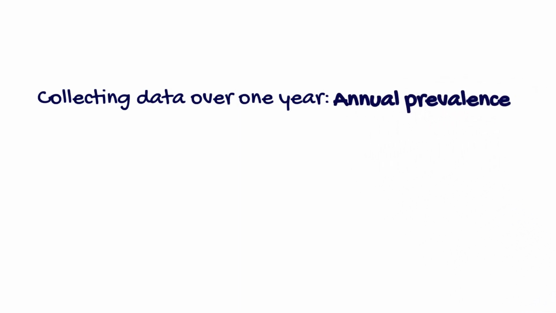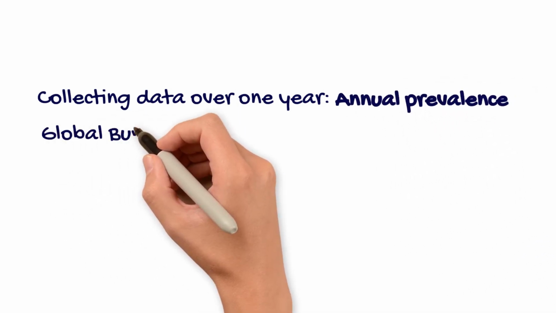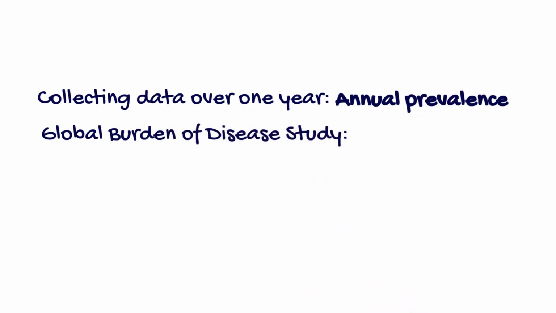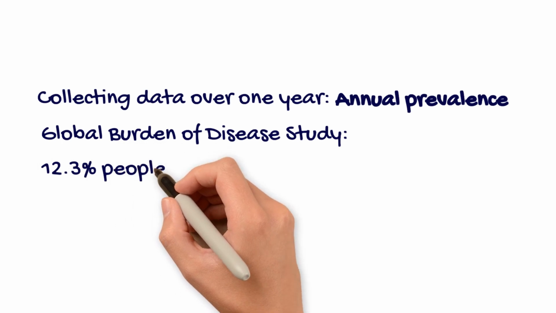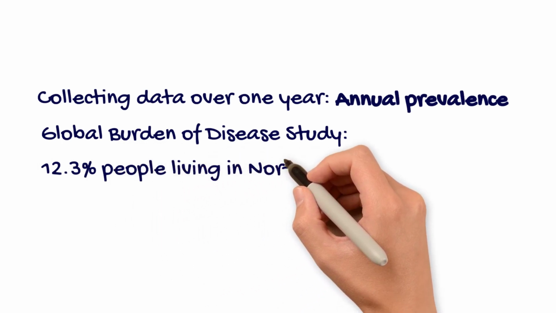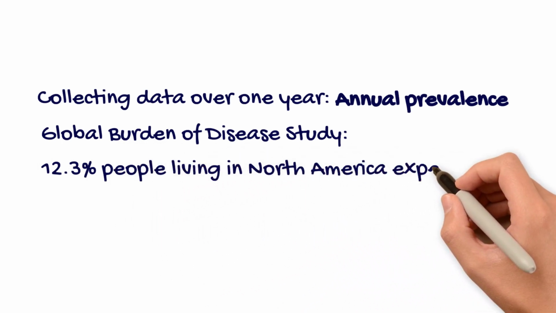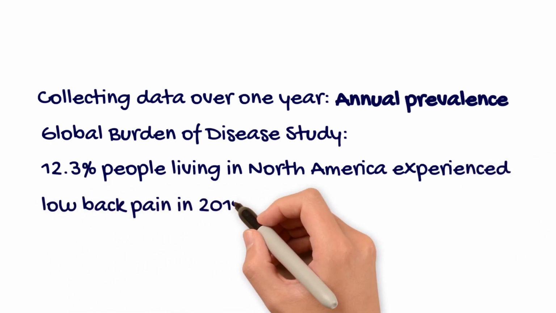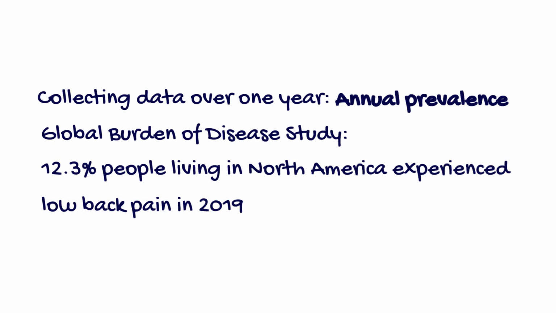For example, the Global Burden of Disease study reported in 2019, 12.3% of people living in North America experienced low back pain at some point during that year. This means 12.3% of people in North America were affected by low back pain in 2019.